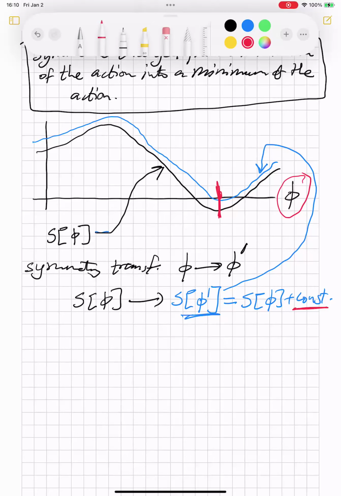So we're just drawing a cartoon here by indicating phi with a single axis. And what we're saying is, under the action of the symmetry, the action shifts into a new action plus a constant. And when we say a constant, what we mean is independent of phi.